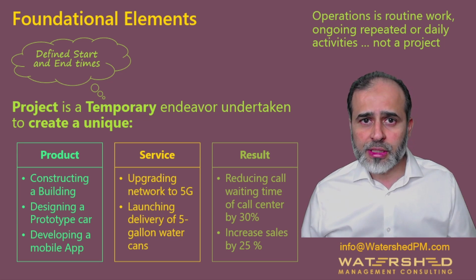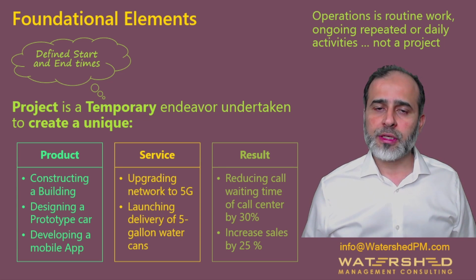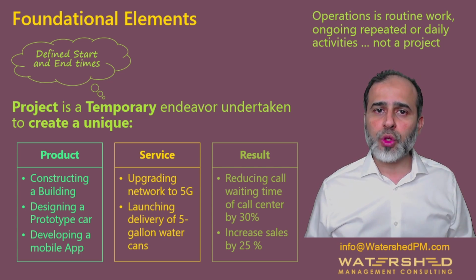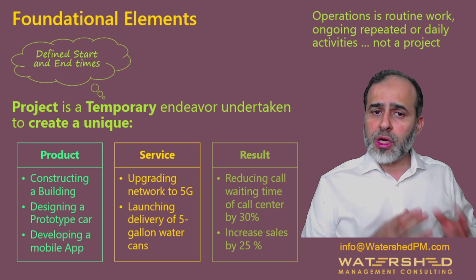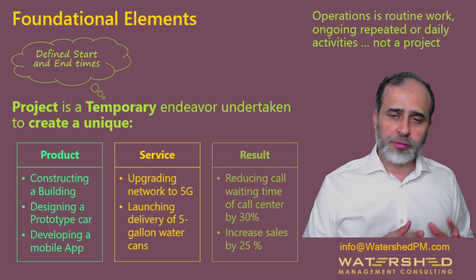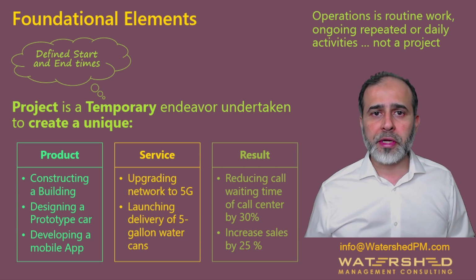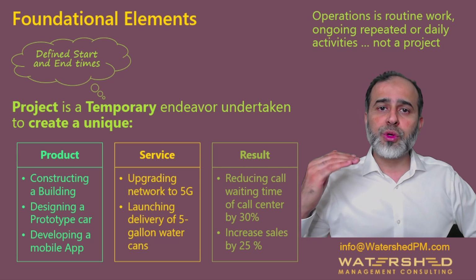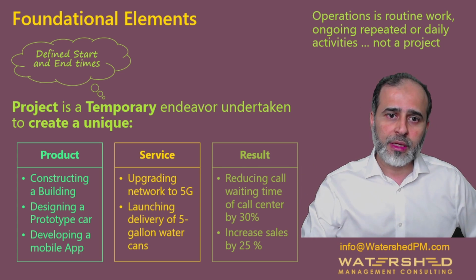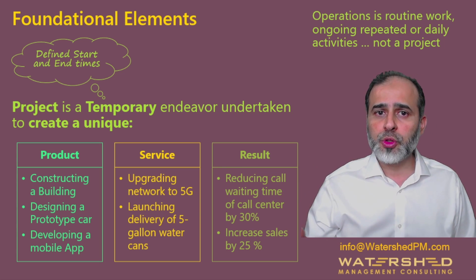So as an organization, let's say that we are a call center and we want to reduce the call waiting time. So whatever is the current call waiting time, you can always run statistics to know what the average call waiting time is. And let's say that we want to reduce that by 30%. So what will the project usually be about?